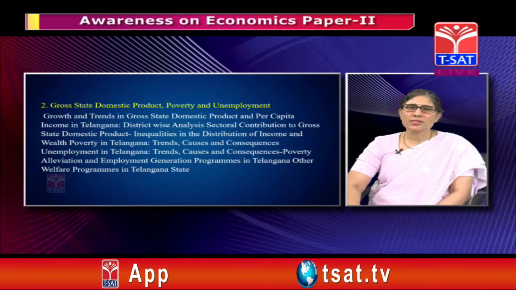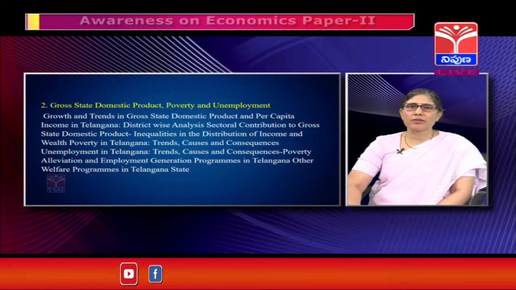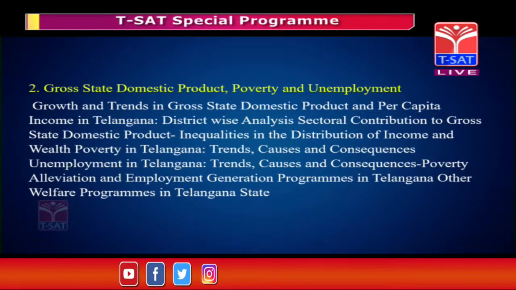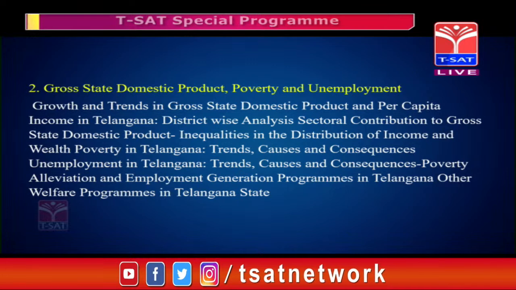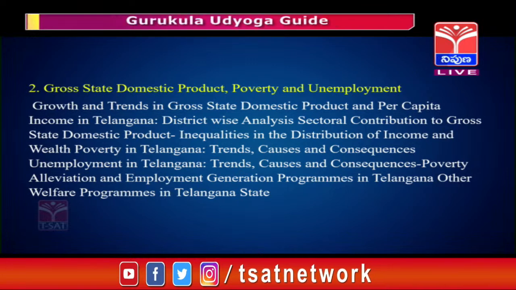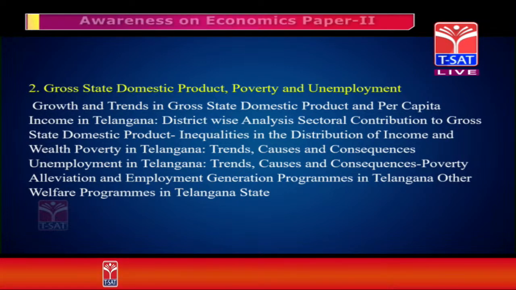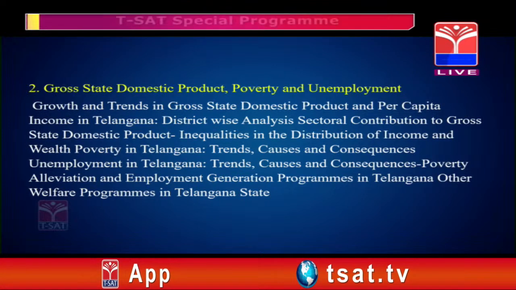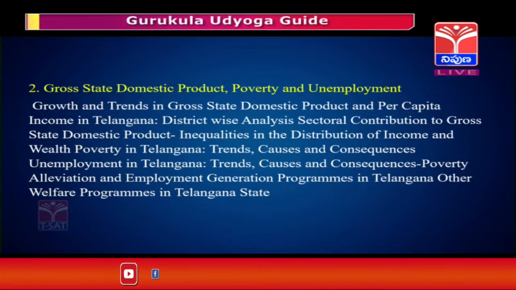Now coming to the gross state domestic product, the government has focused on poverty and unemployment. The government has many schemes to see that the state gross domestic product improves over the years, and what schemes are there for increasing employment opportunities and reducing poverty levels.